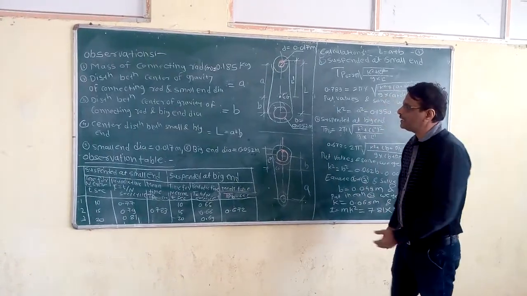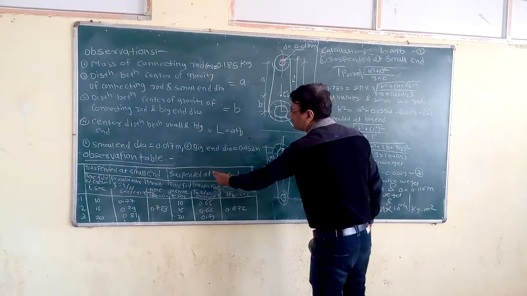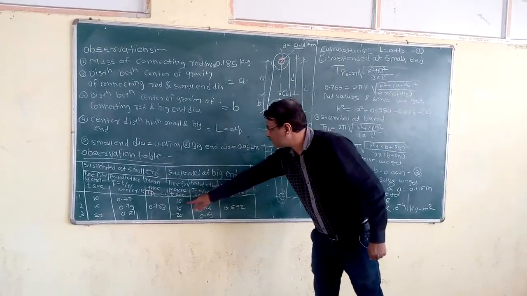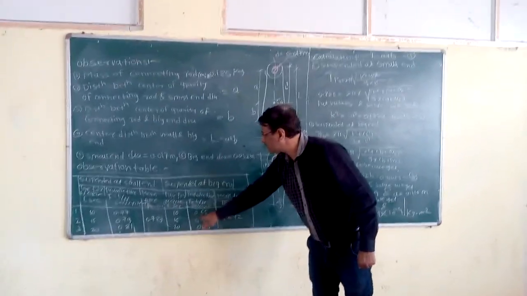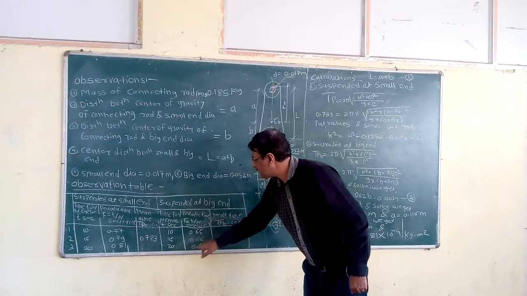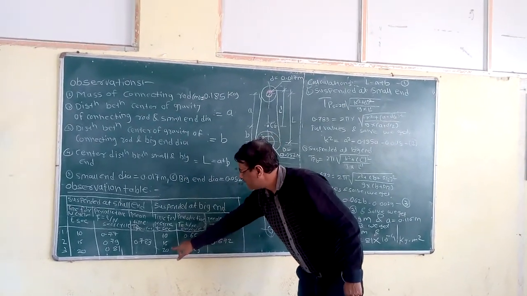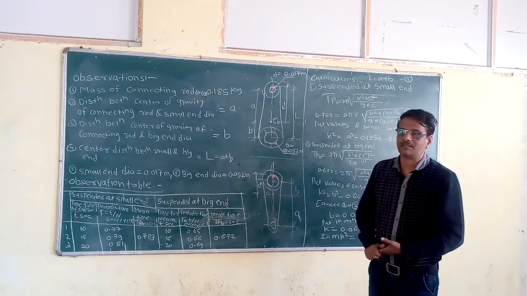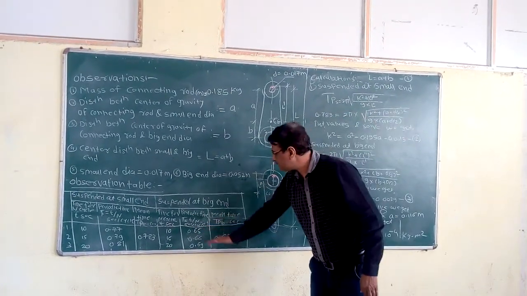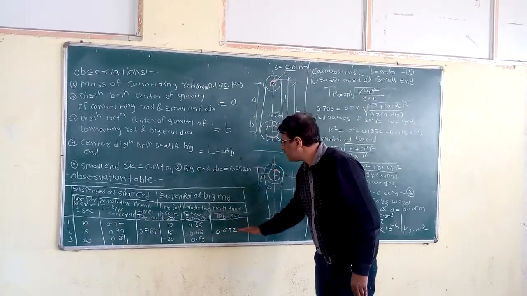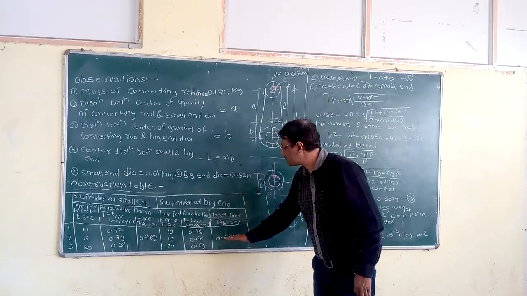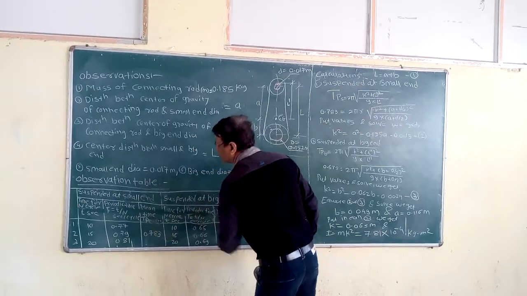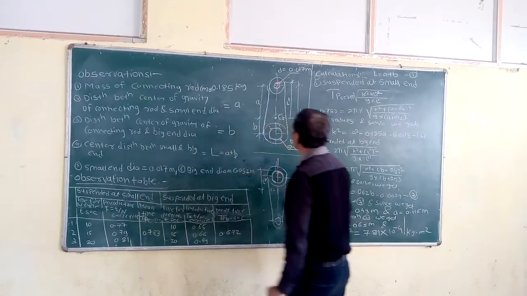In the same way, when the body is suspended at the big end, you observe that the time for 10 cycles is 0.65 seconds, for 15 cycles it is 0.66 seconds, and for 20 cycles it is 0.69 seconds. Now the mean of these three has been taken. For the big end it is 0.672, and from the small end, the mean is 0.783 seconds.